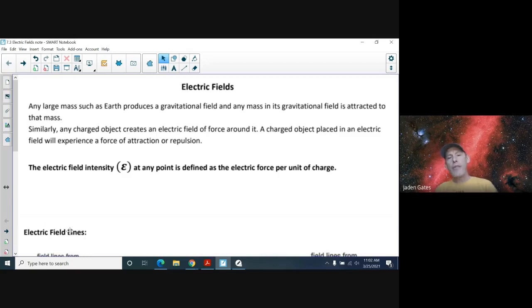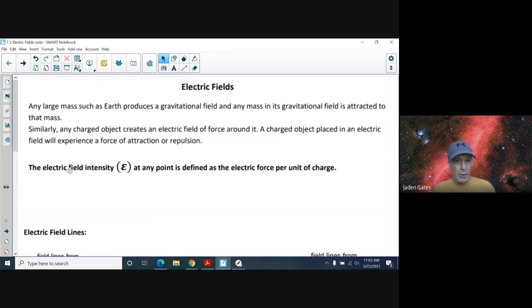The same thing happens with an electric field. One electric charge creates an electric field. Now that electric field around it changes based on how far away you are from it, just like the Earth has a gravitational field that changes depending on how far away you are from Earth.